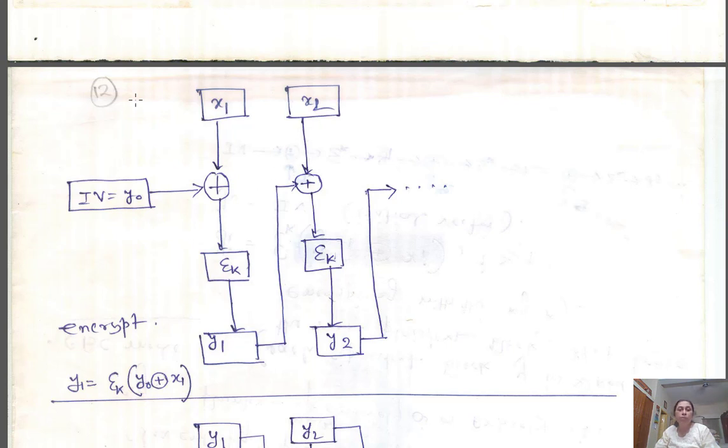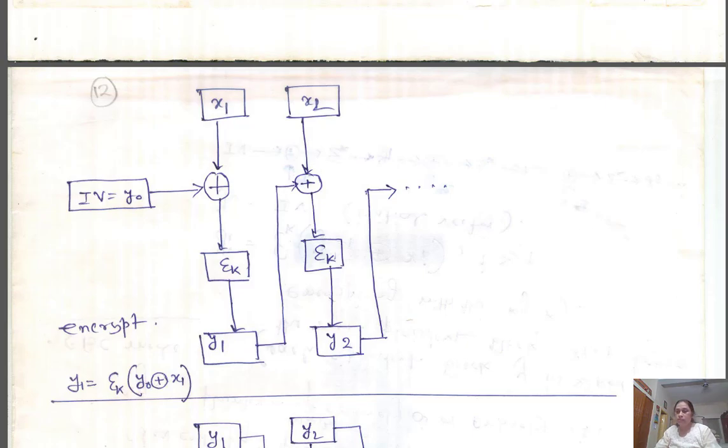But if you consider only one pure DES, this is the DES box, and only one plain text block you are encrypting, this is memoryless. But if you use different modes of operation, it uses states. You have to remember this: you are outputting this value as well as remembering it because it is used in the next iteration, in processing the next plain text block.